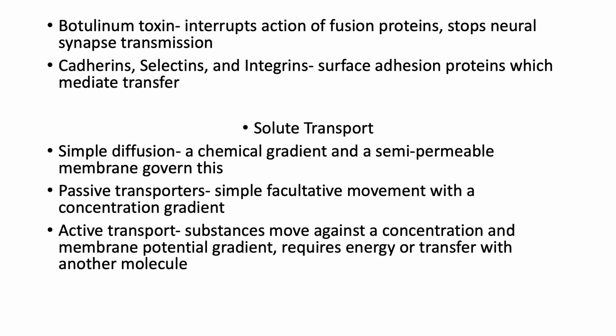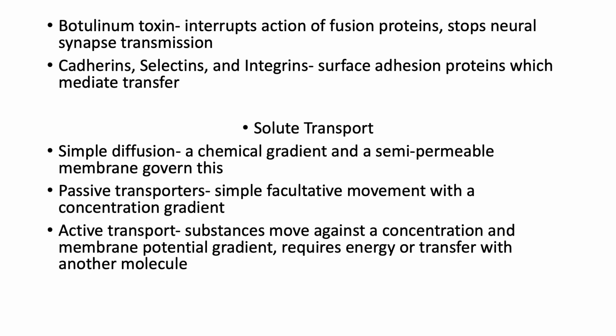Solute transport is represented most easily in laboratory situations by osmotic permeation of semi-permeable membranes. When you have simple diffusion, you have a chemical gradient and a semi-permeable membrane that governs it. There are passive transporters, which have simple facilitated movement with a concentration gradient from higher to lower.